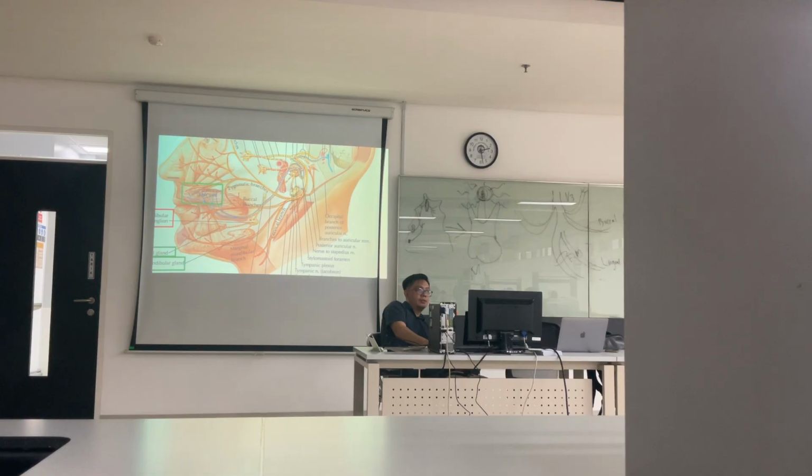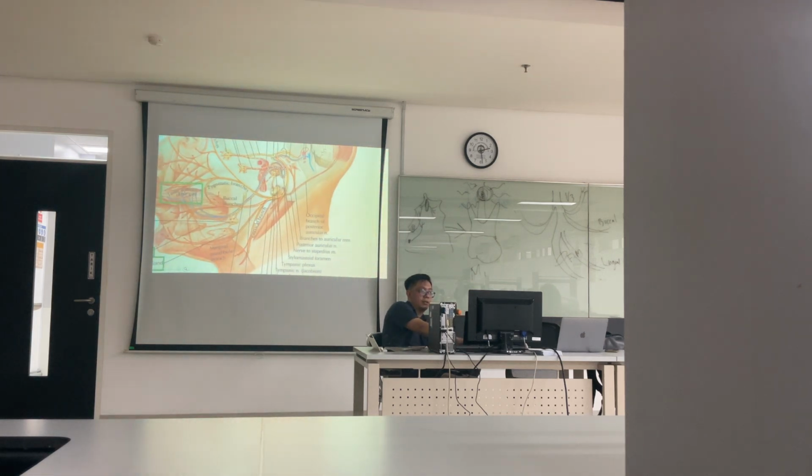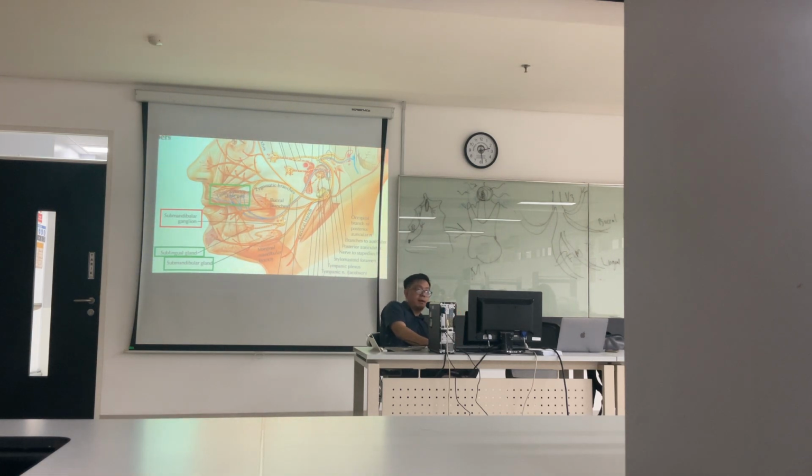Can you see in here? Yes. They have blue and red dots, right? So this is from the facial nerve. The blue one goes to the tongue, so it works as sensory. But in here, going to the submandibular ganglion, it's not blue but a red dot.